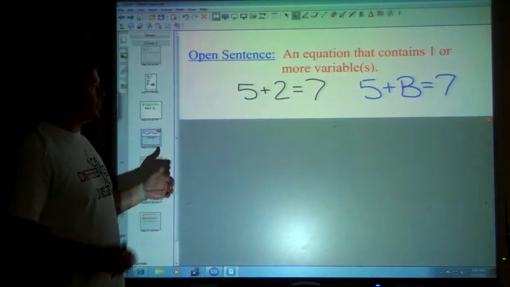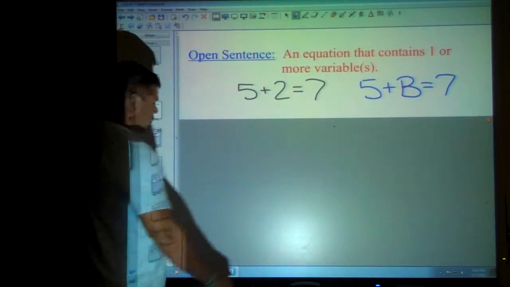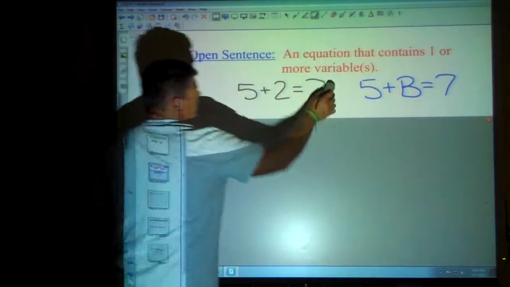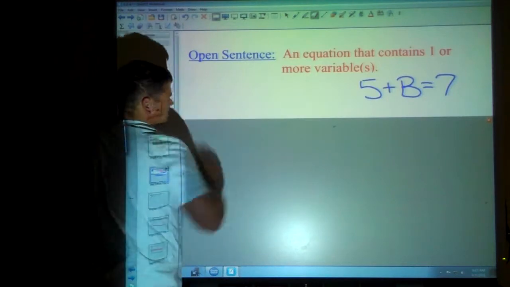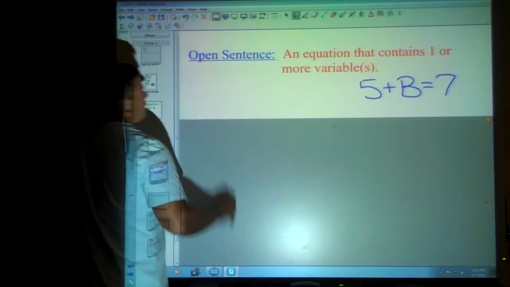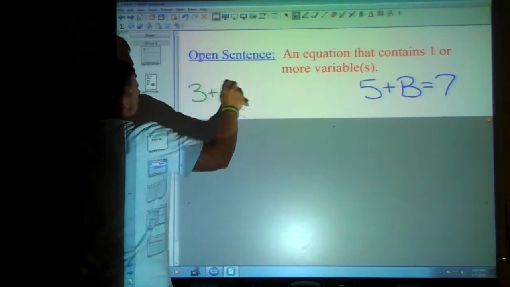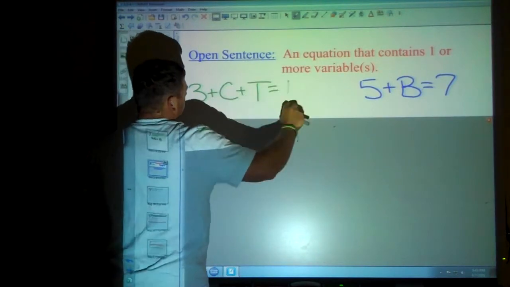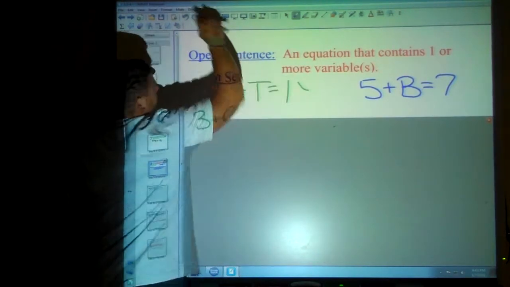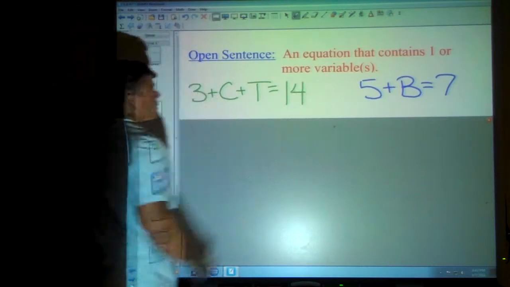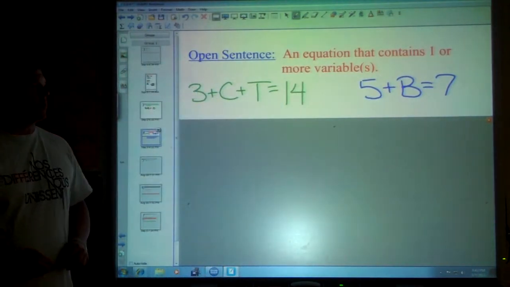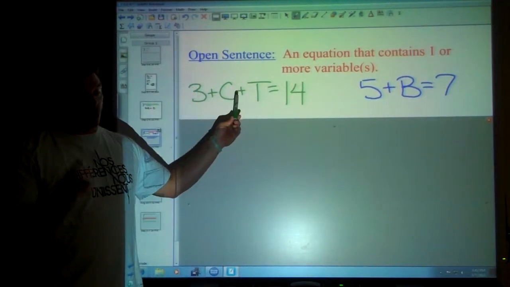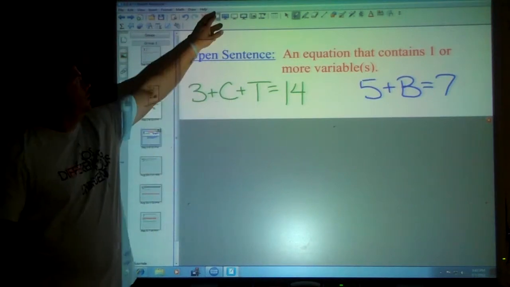We could have more variables, it just has to have a minimum of one. So 5 plus 2 equals 7 is not an open sentence, it's just a sentence. If we were to say 3 plus c plus t equals 14, then that would also be an open sentence. It has one or more variables.